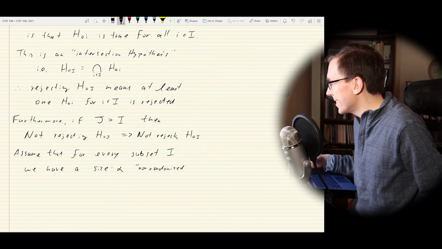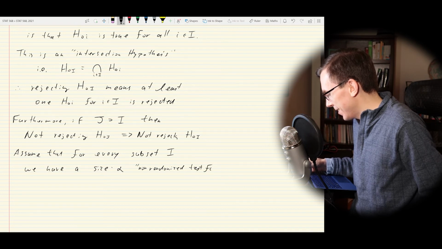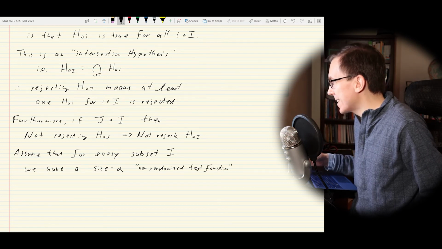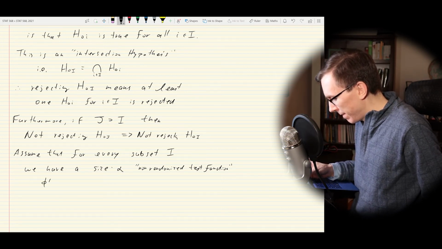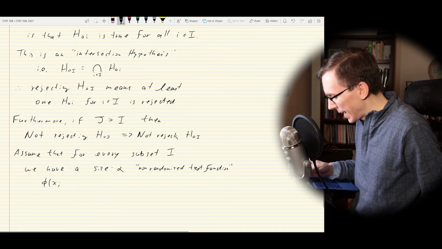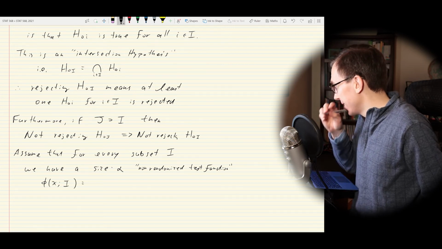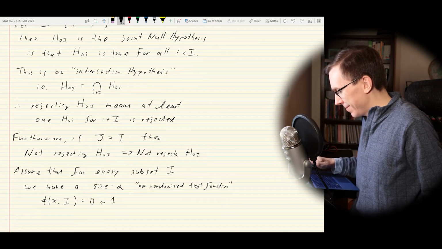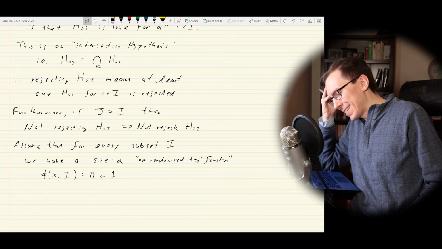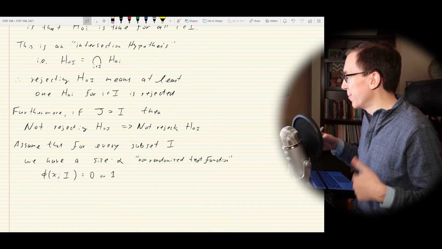There's some good statistics jargon for you. Non-randomized test function, which is the fancy way to say that we have a phi of x; I, which is going to equal 0 or 1. So non-randomized test function is just the fancy way to say, okay, I got some function, it's basically going to equal 0 or it's going to be 1.